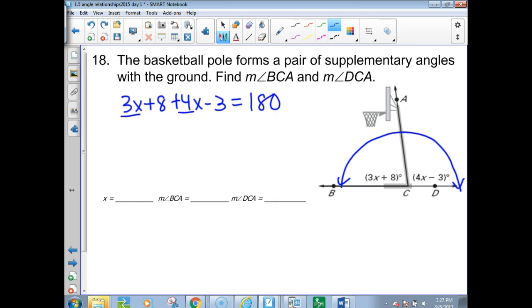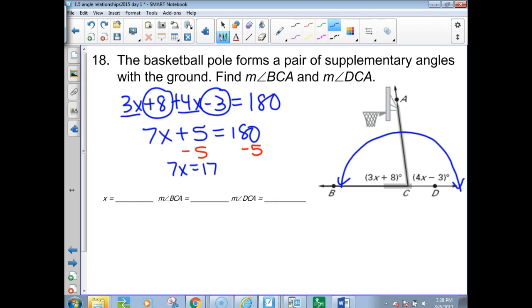Add your like terms. And then I've got to do 8 minus 3 is 5, so it's positive 5. Then I need to start doing the algebra. Subtract 5 from both sides. Divide by 7, and we should get 25.